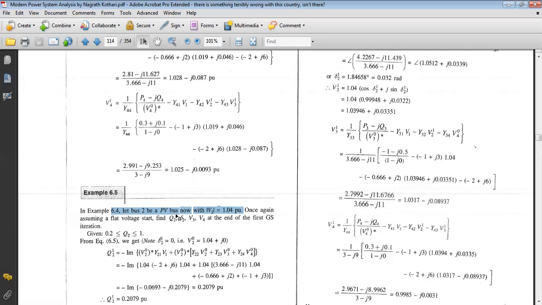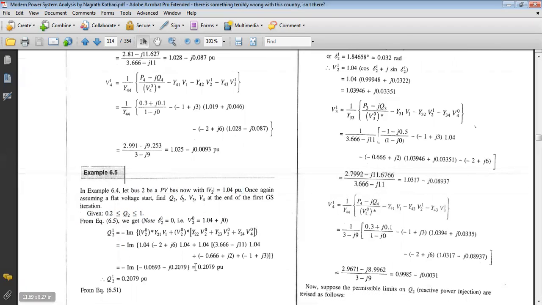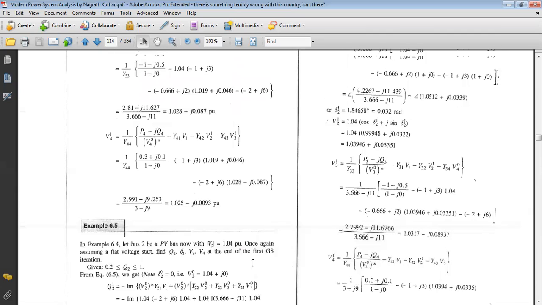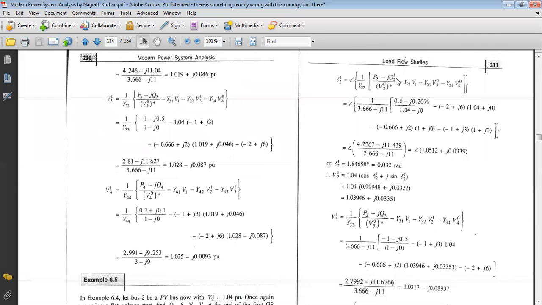Now, since bus 2 is a PV bus, at first we need to determine the reactive power of bus 2, and the range of reactive power is given as 0.2 to 1. When we find the reactive power, the answer is 0.2079, which satisfies the range. So we can consider this Q2 as our solution for the reactive power of bus 2, and by putting the reactive power value in, we can find the angle delta 2.